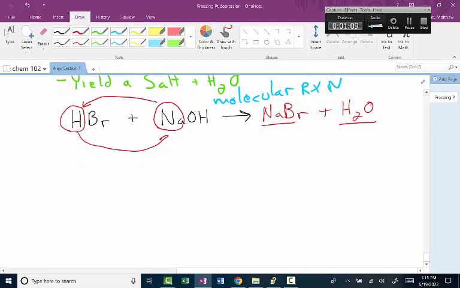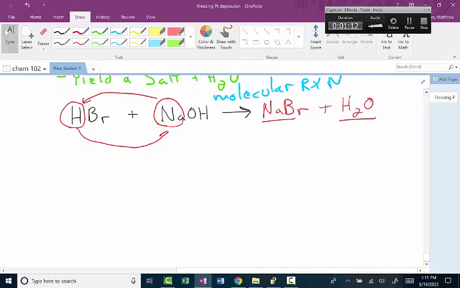The other way of looking at it is the total ionic. And so I'll write that. We'll do the total ionic next. Same thing. Now remember what HBr does in water. This is going to be HBr reacts with water to give us H3O plus Br minus.